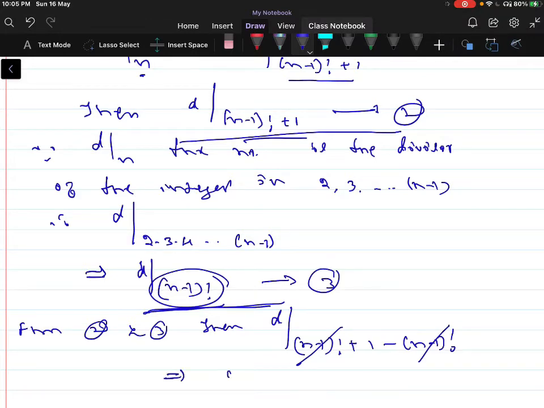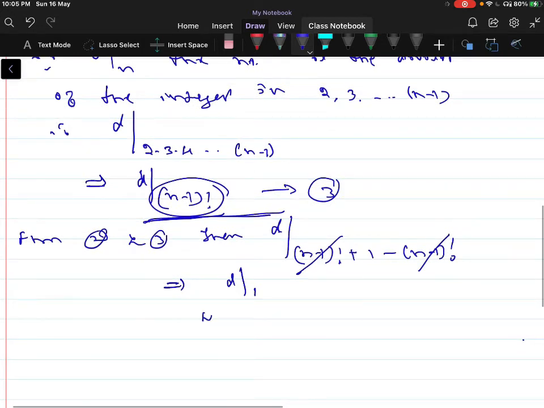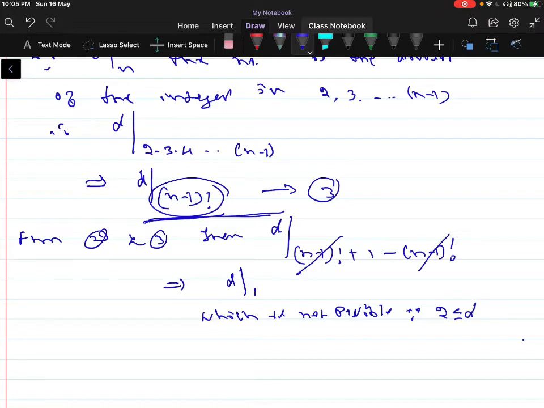So this implies d divides 1, which is not possible, since 2 is less than or equal to d less than or equal to n minus 1.